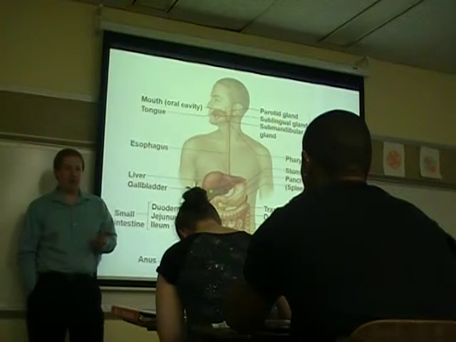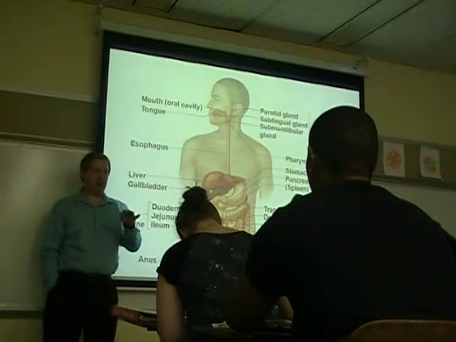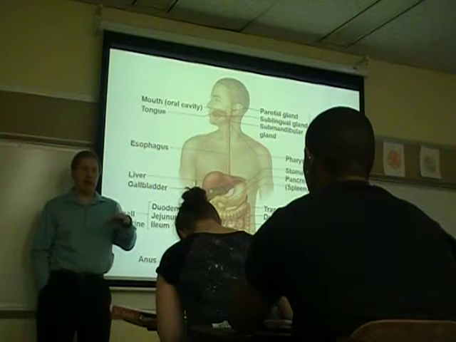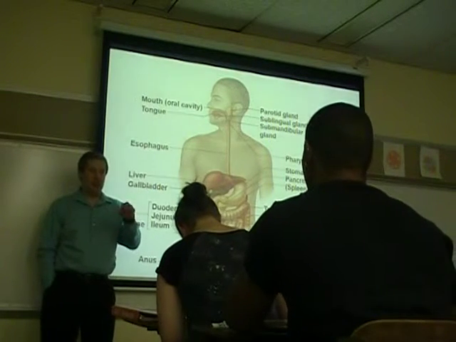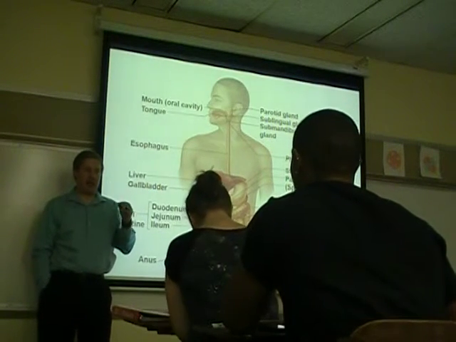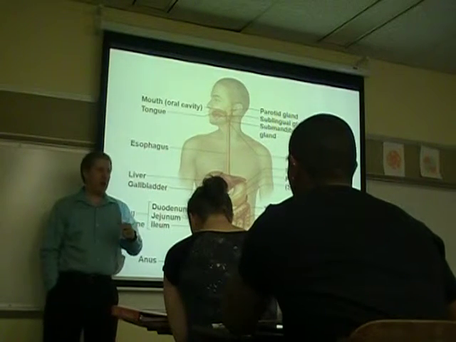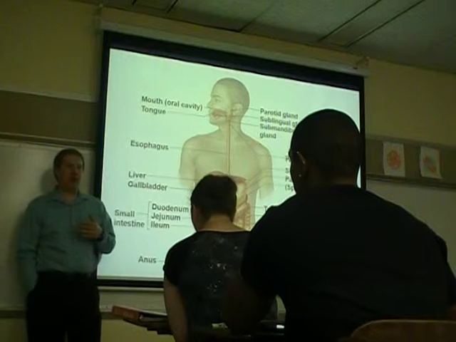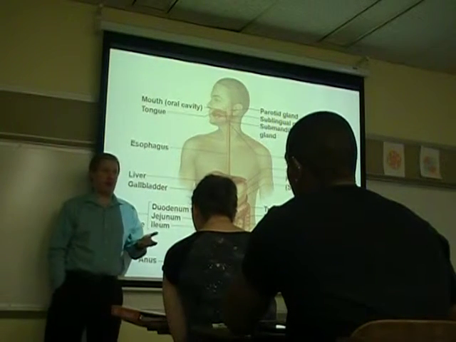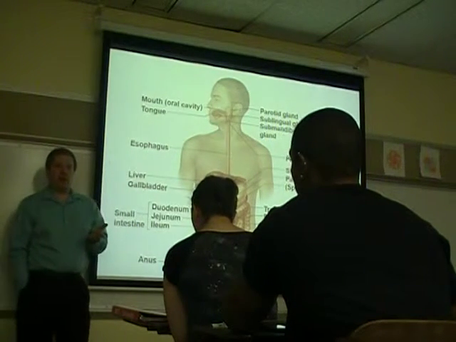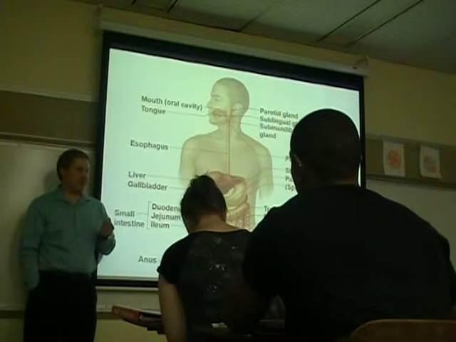Anybody guess? It can be examples, so you can make a pretty good educated guess here. If we think of mechanical digestion, big things into small, think about the teeth breaking up big pieces of something into small pieces of something. So that's mechanical. What would be the other type of digestion? It is chemical. In this case, it involves what? Enzymes. It involves enzymes. Okay?